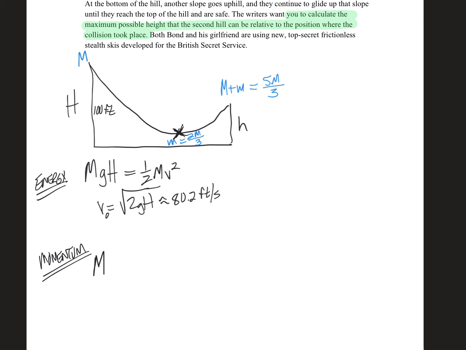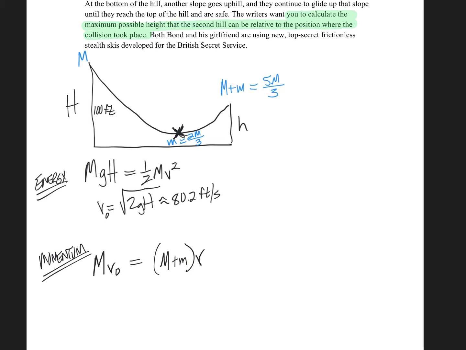The momentum that Bond had, capital M for Bond's mass, times the initial velocity we just obtained from energy, at this collision spot, has to equal, because momentum is conserved, (m plus m) times their new velocity.